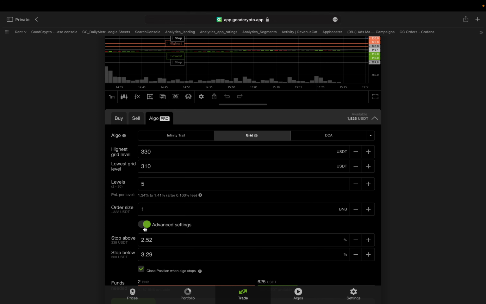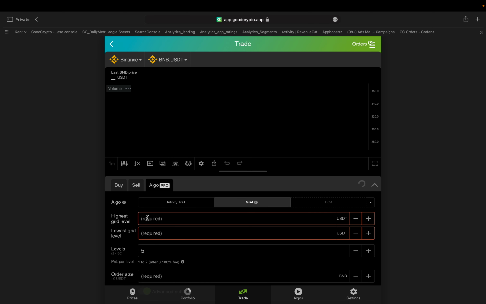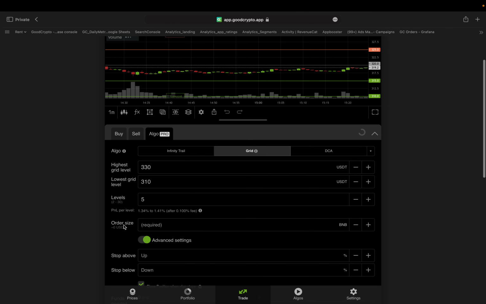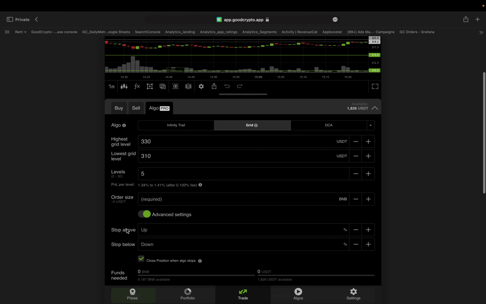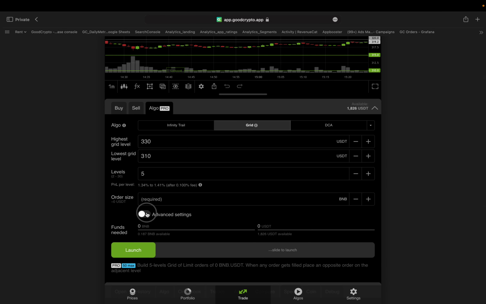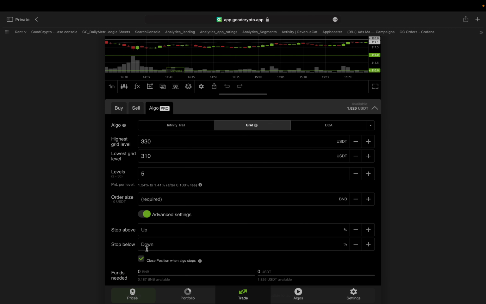What is important to understand here is that even if you didn't set any stops, so for example, let me just reload this page. Let's say it's a new grid, we just come to stop here. I didn't change anything, those are the default settings that we have here. The thing is that you don't have any stops, but this box is checked all the time by default.